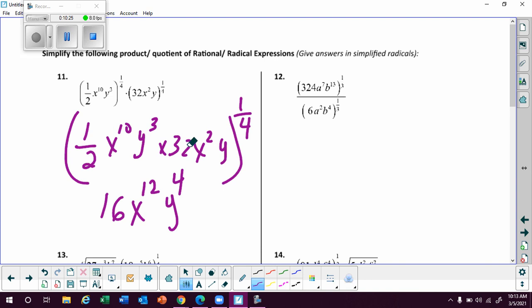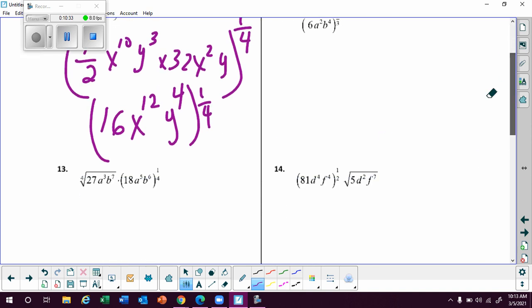So x combined, y combined, and this is to the 1/4. If you remember, the simplest form I can write 16 is 2 to the power of 4, x to the power of 12, y to the power of 4.